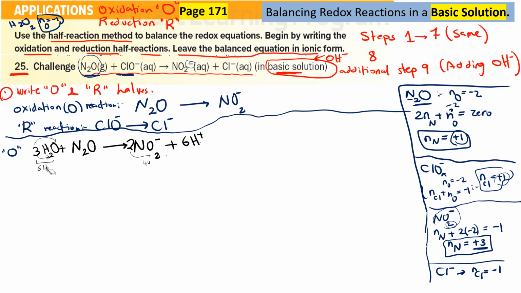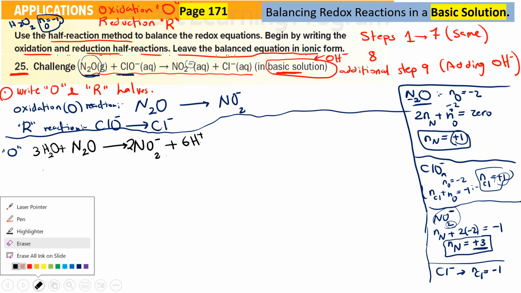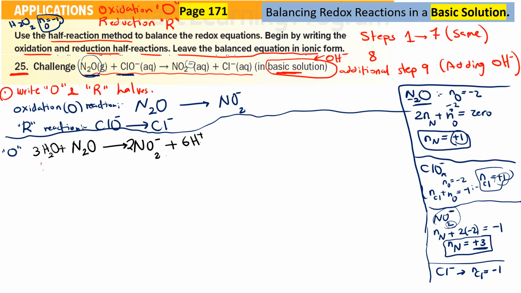Now I need to know what's the next step. So the next step, if you remember, is to balance the charges on each side. So let's calculate. What is the charge on this side? Are there any charges here? No. So the charge is 0. Let's look here. The charge here is 2 times -1 because I have two NO2 minus. So -2, and here +6.